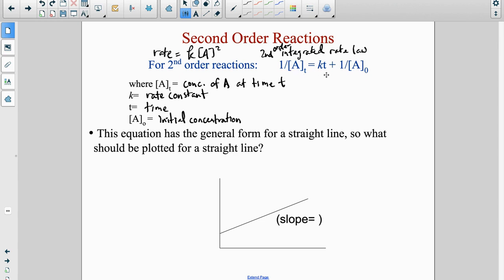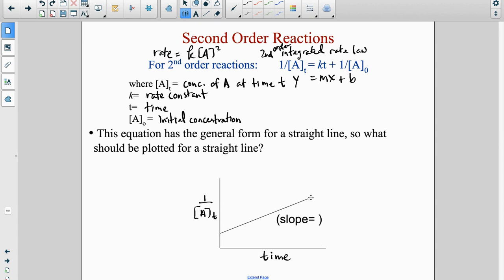Okay, so I've put this second order integrated rate law in the straight line form. So here's y equals mx plus b. If we want to obtain a straight line for a second order process, we would plot y here, which is 1 over concentration of A at time t, versus time.